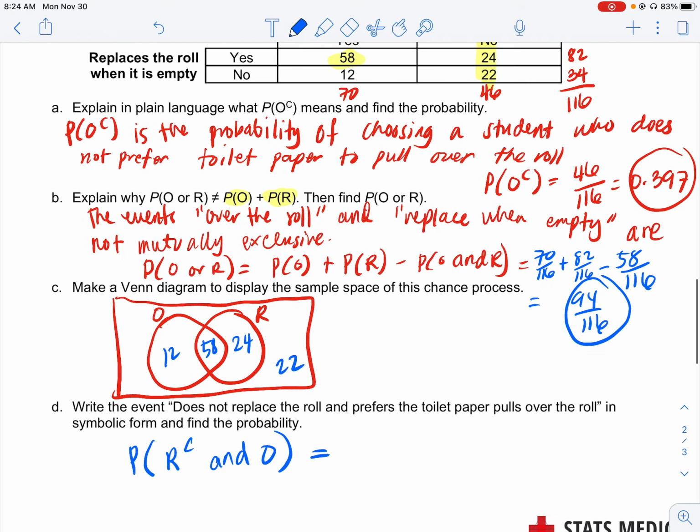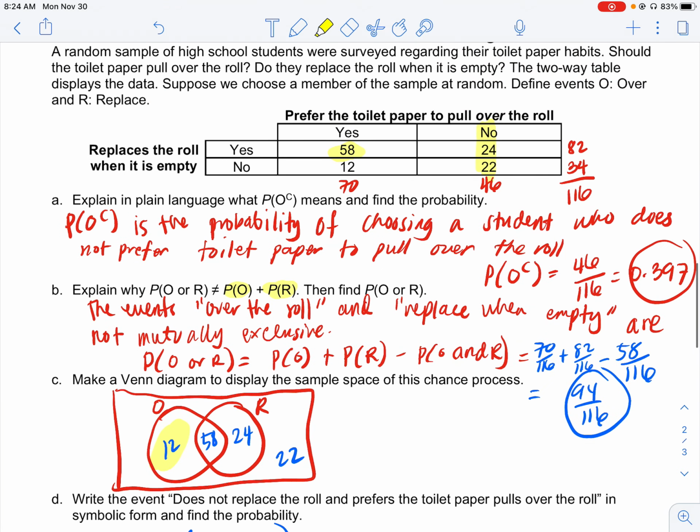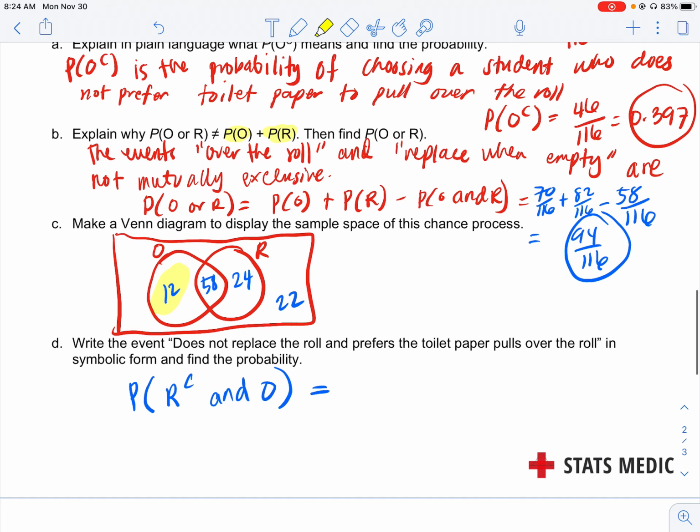So it's not R, and at the same time it's an O. Is that 12? Is it not 12? The people that say no to replacing but yes to over the roll. So that is 12 out of 116.